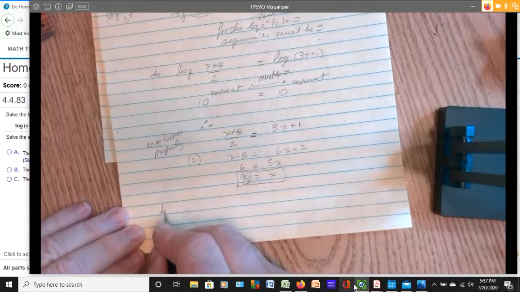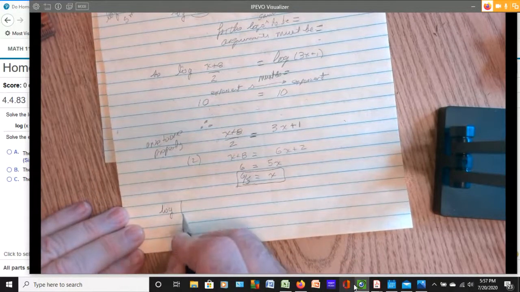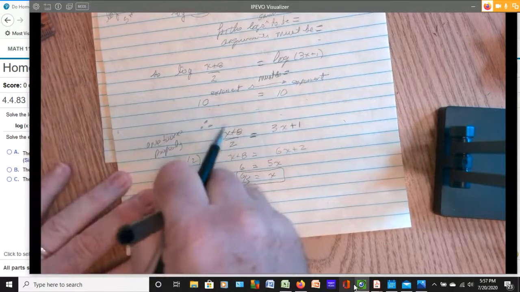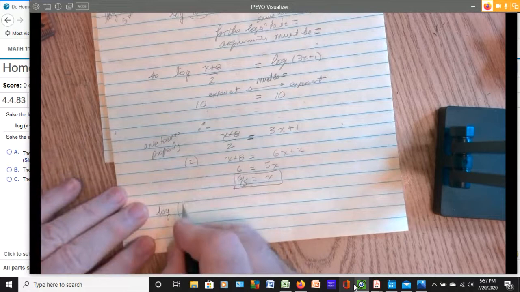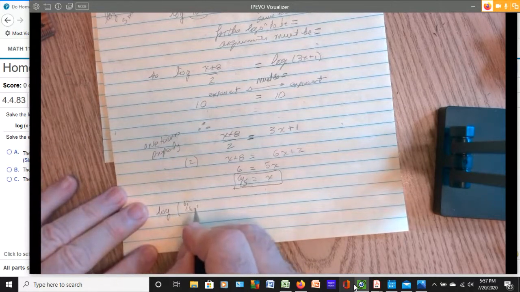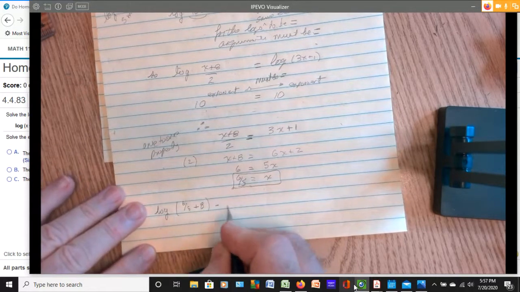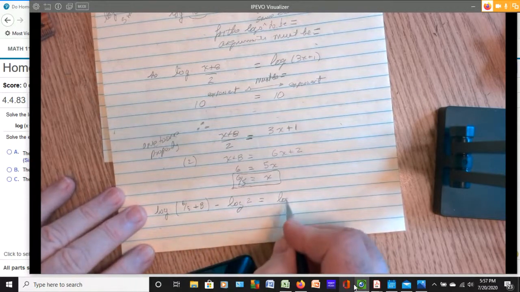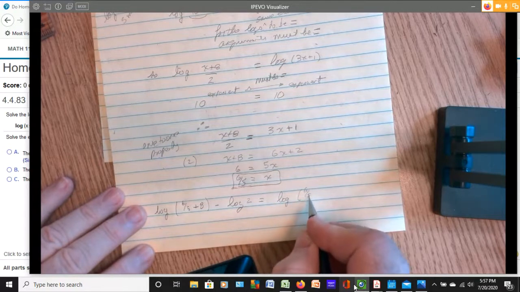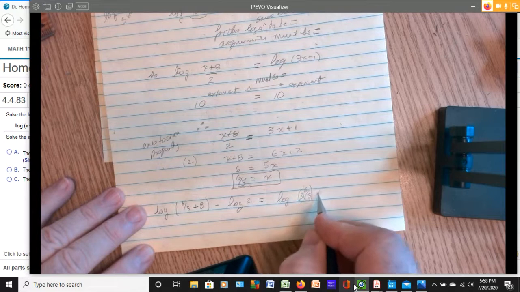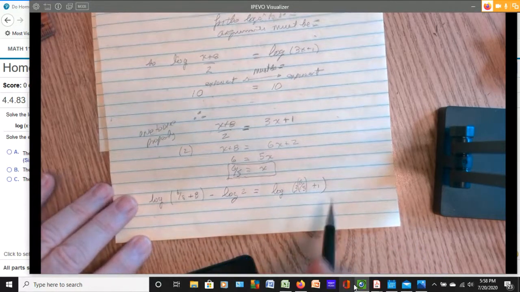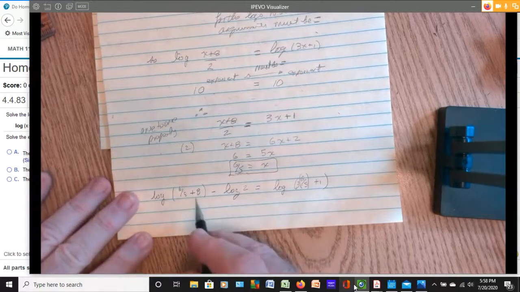We're going to get the log of 6/5 plus 8 minus the log of 2 equals the log of 3 times 6/5 plus 1, right? I keep wanting to write that 5/6. I got all that right. What have we got so far?